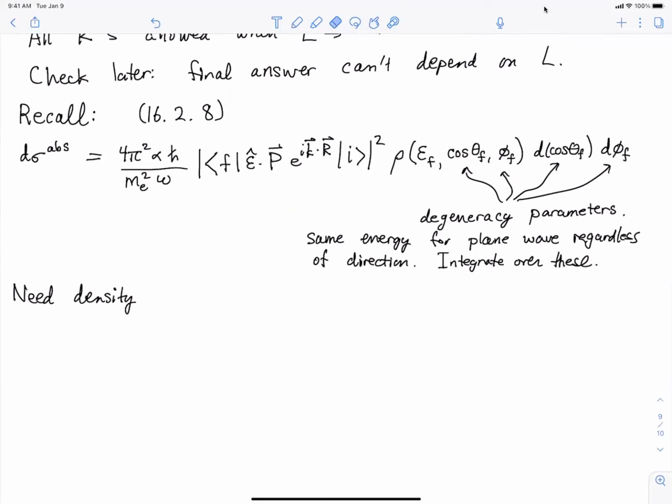So we need the density of states. Okay, and to do that, what we're going to do is consider a volume of K space and count how many states there are in it.